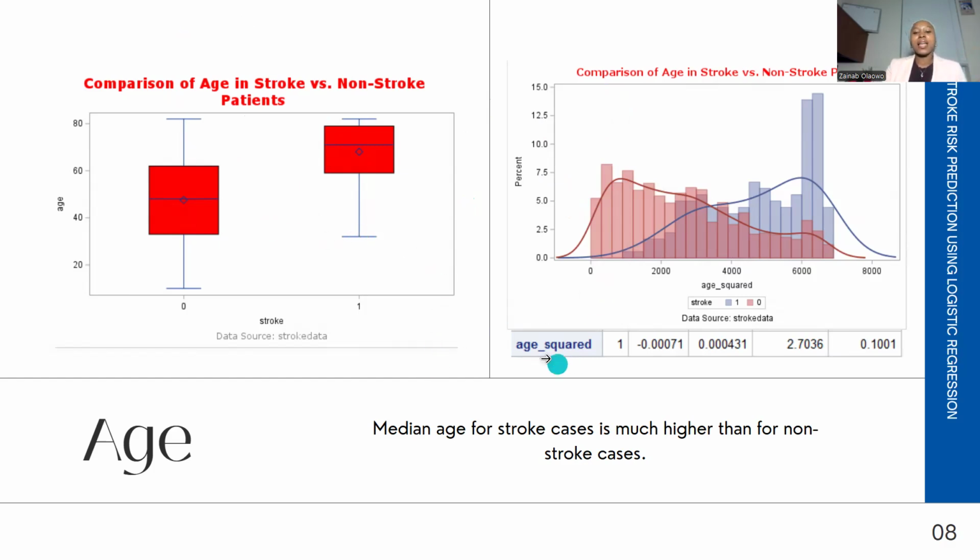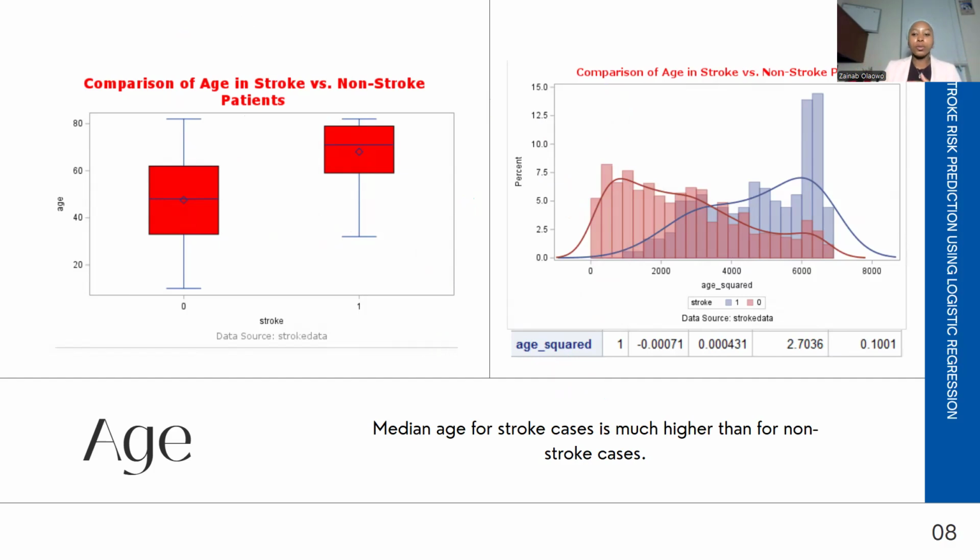And then I tried age squared. Age squared is just me squaring age, raising it to the power of 2, to detect whether age has a linear relationship with stroke. So if you go past a certain age, do you keep being at risk of stroke, or does your risk become lower?